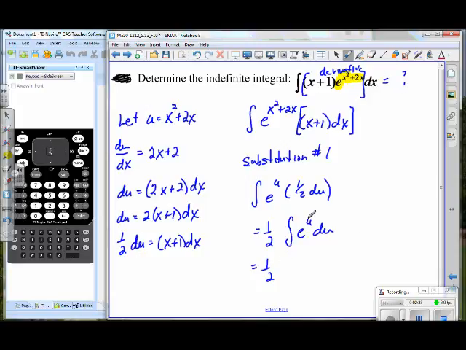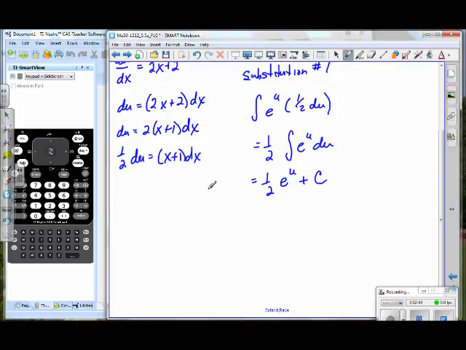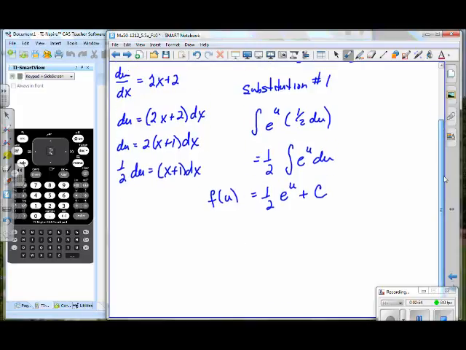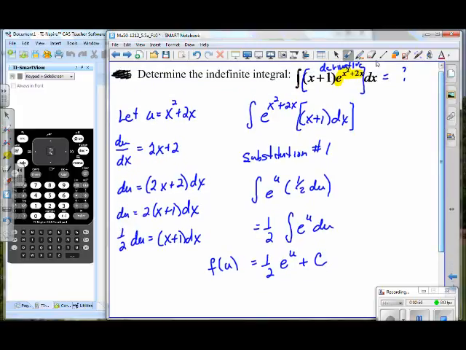So we can say that the function that yields e to the u as a derivative is simply e to the u. And then remember, we have to add that constant of integration.